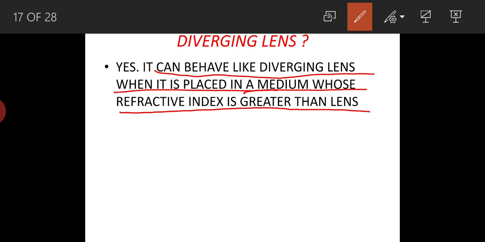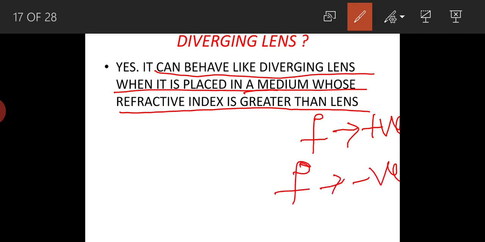So how can we decide that a lens is converging or diverging? We will decide it based on focal length. If focal length is positive, then it is a converging lens, and if focal length is negative, then we will consider it as a diverging lens.